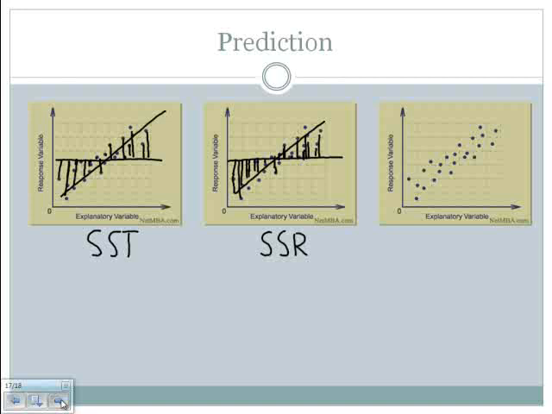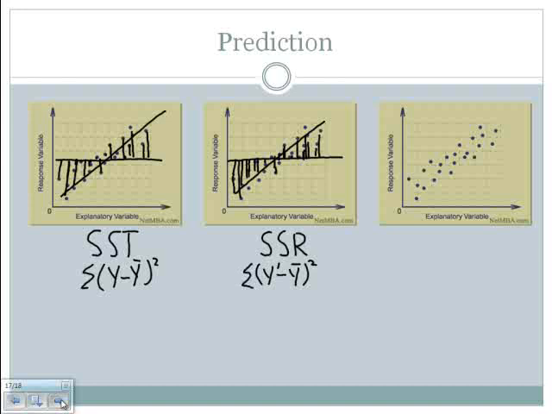I'll come back over here and write this conceptually. This is Y prime minus Y bar squared and summed up.